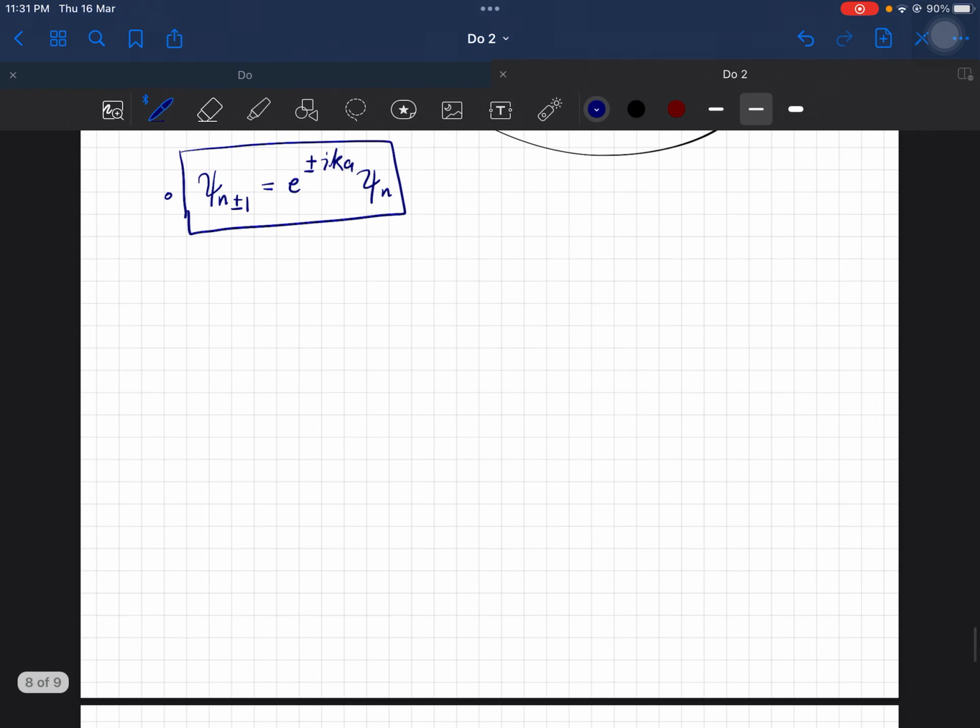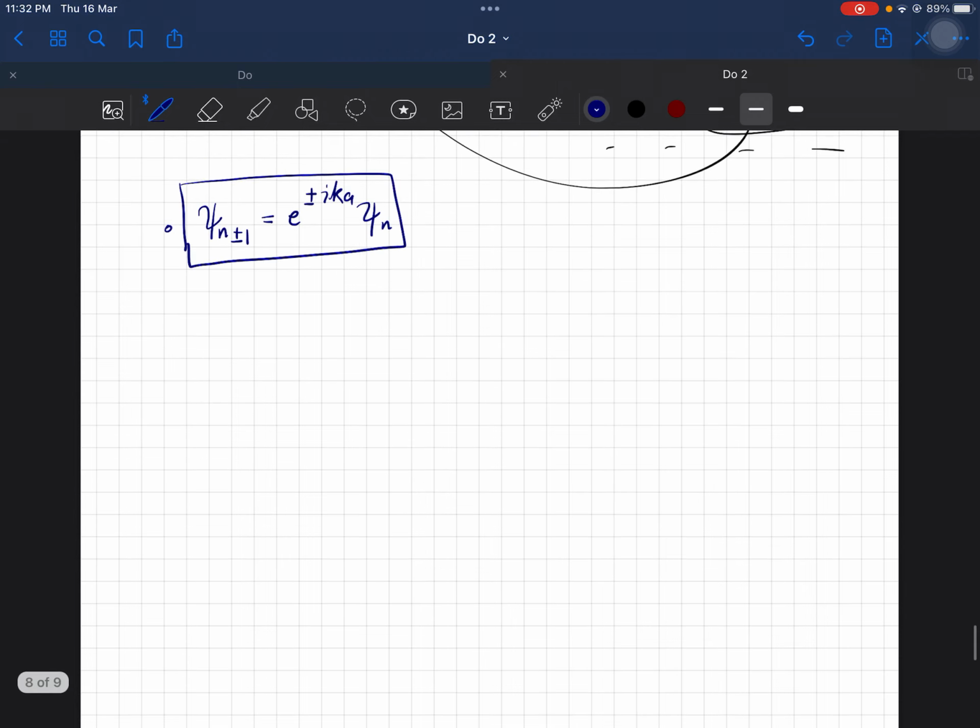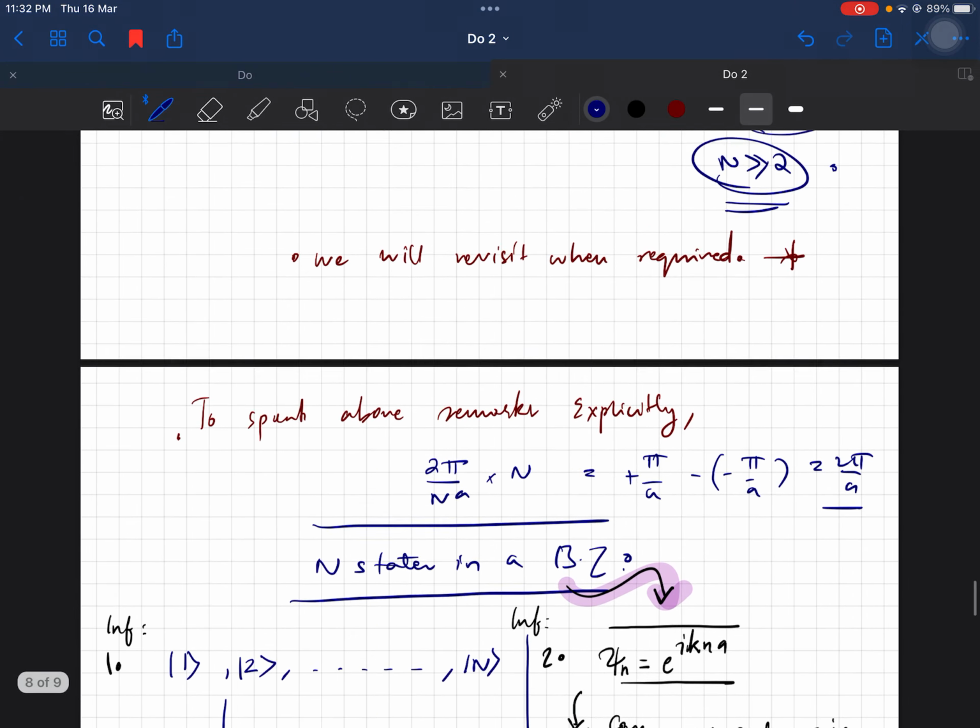This immediately ensures that 2.2 is solved for any k with the energy eigenvalue.